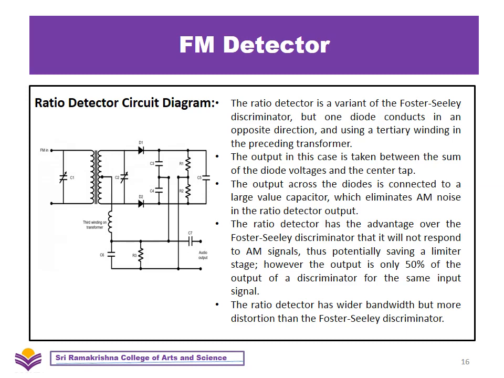The ratio detector has wide bandwidth but more distortion than the Foster-Seeley discriminator. So we go for the Foster-Seeley discriminator detector circuit instead of this ratio detector circuit. This is how the detection takes place in the FM demodulation circuit.